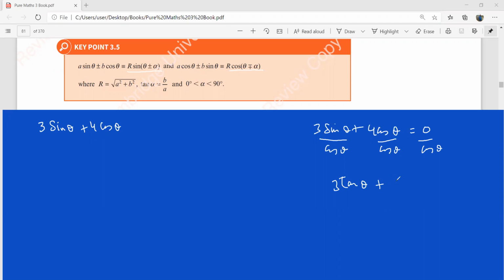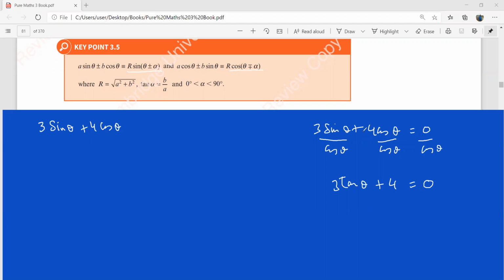The purpose is, as you know, that we should have one trigonometrical ratio throughout the equation. Since there was sine theta and cos theta, the method to get rid of these two ratios and have just one is to divide both the sides by cos theta.